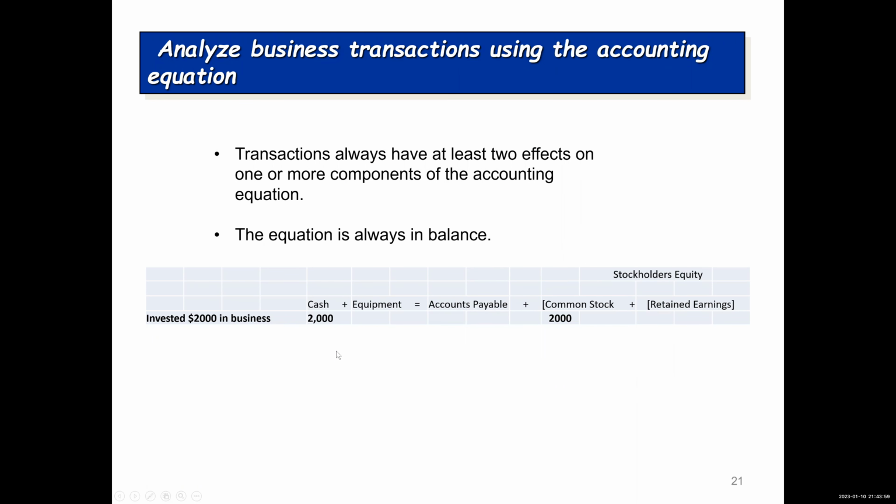Cash goes up, so we put $2,000 under cash. Now, who has claims to that cash? Do our creditors, our liability people? No. The owner of the company is the one that put it in, so they get credit for it under common stock. Remember, the accounting equation remains in balance: $2,000 on this side of the equation and $2,000 on that side.